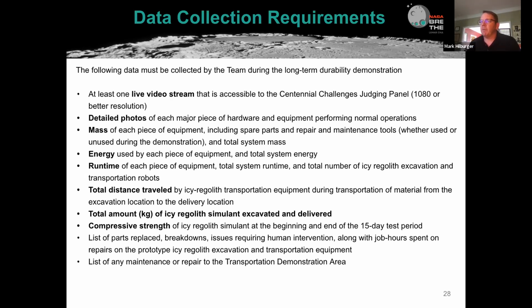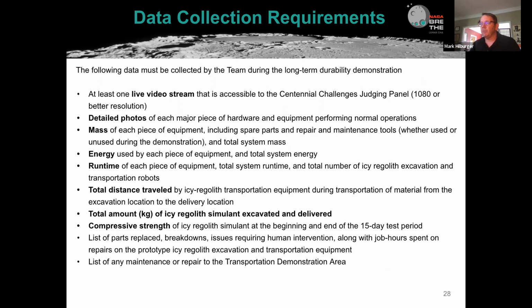Also, information on the compressive strength of the icy regolith simulant at the beginning and at the end of the 15-day test period. So essentially trying to verify that the icy regolith simulant that you were using in your demonstration is up to the requirement and that it remains at that number throughout the demonstration test.